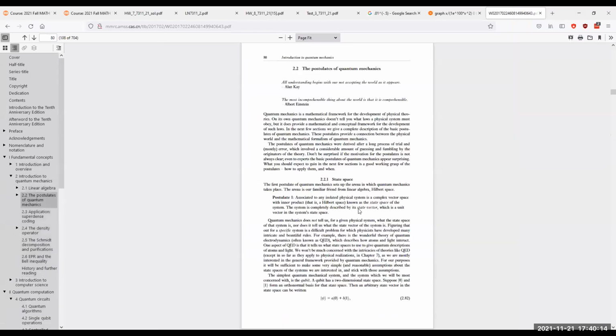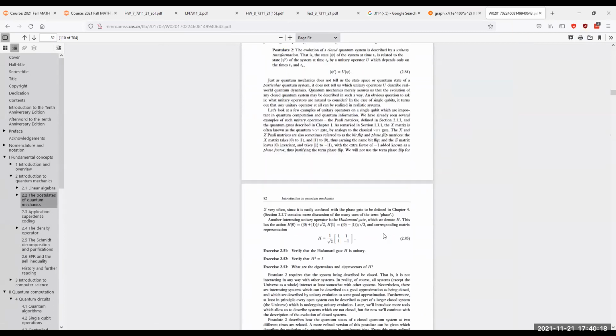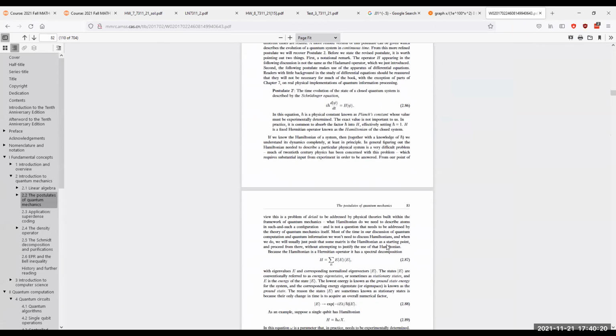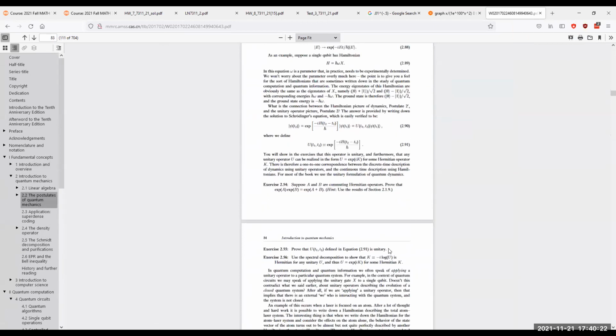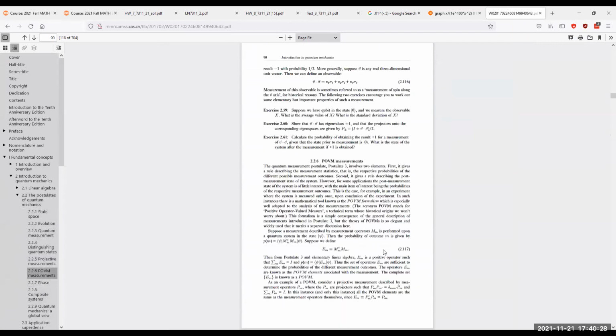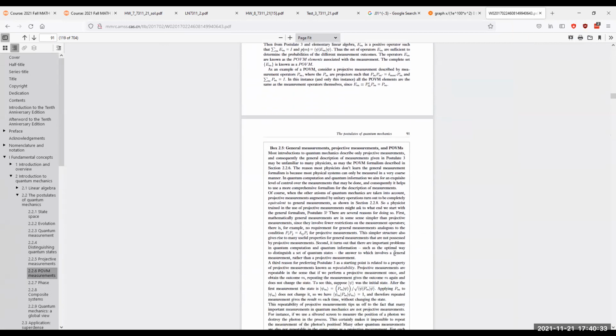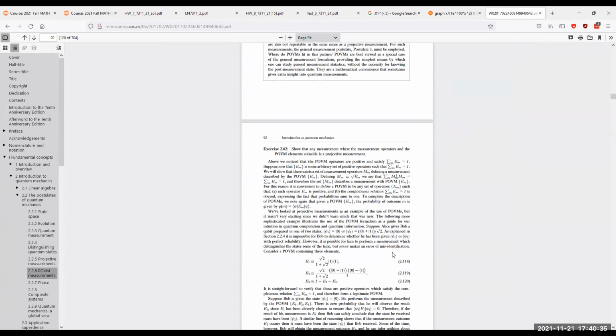The state after the measurement is whatever the measured state was, normalized by the previous sum of coefficients. Basically, it's the renormalized state that you just measured. I don't know if that's helping at all.